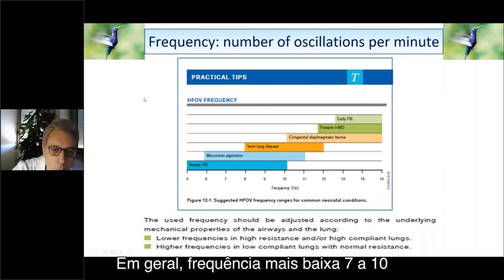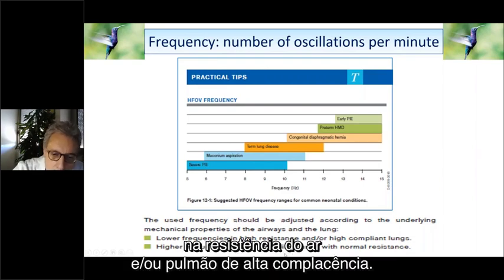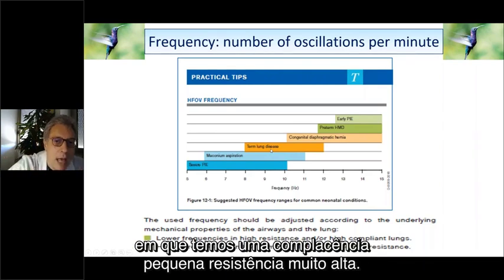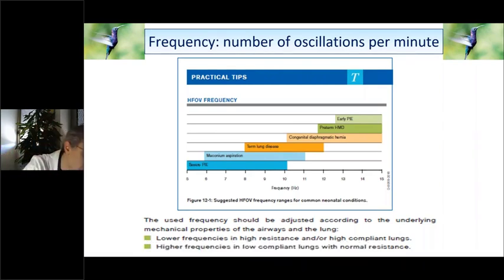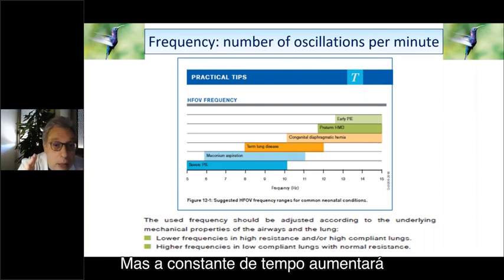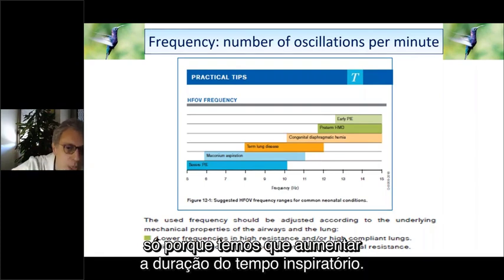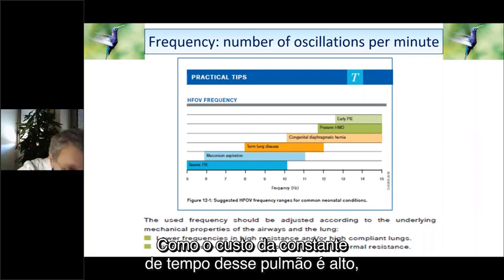In general, lower frequency, 7 to 10, in high resistance and/or high compliance lung, for example, meconium aspiration syndrome, term lung disease, in which we have a very high resistance, small compliance, but the time constant will be increased. And then we have to use a small frequency because we have to increase the duration of inspiratory time, because the time constant of that lung is high.